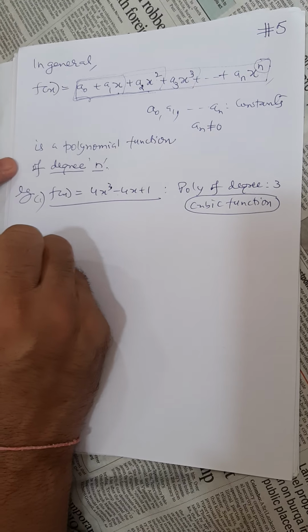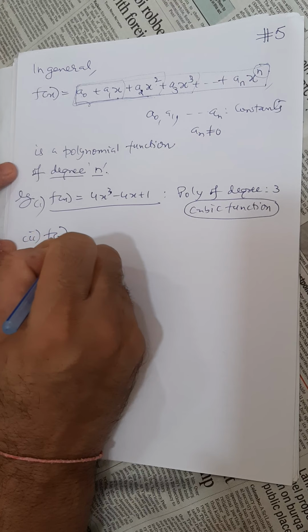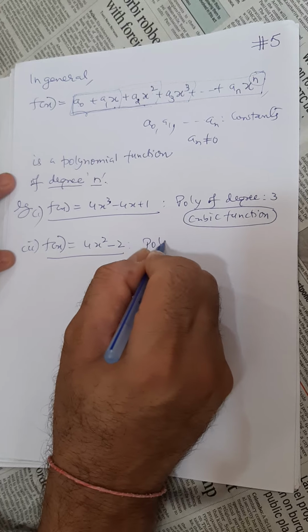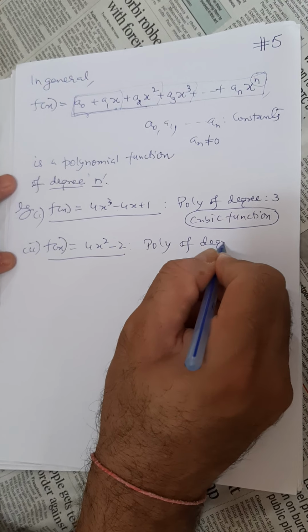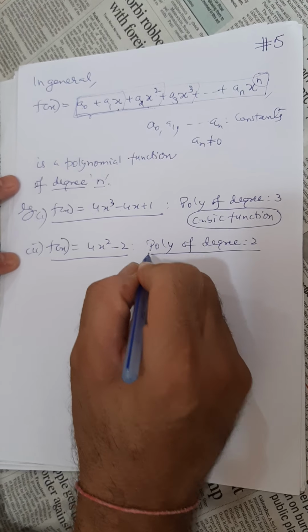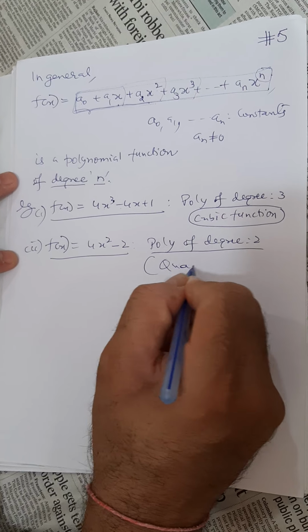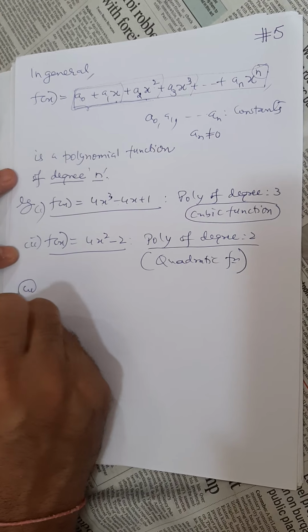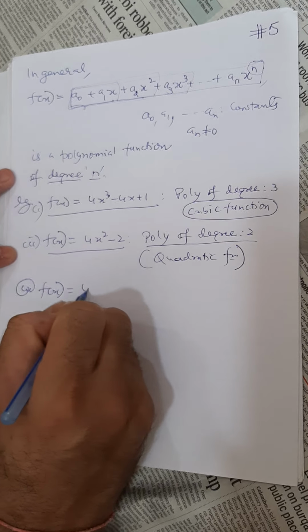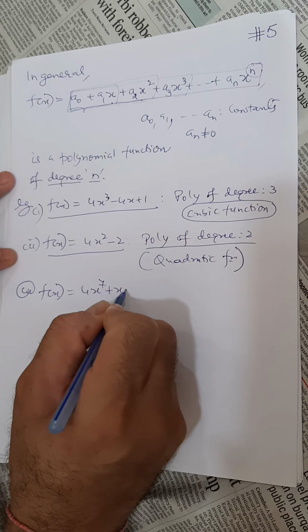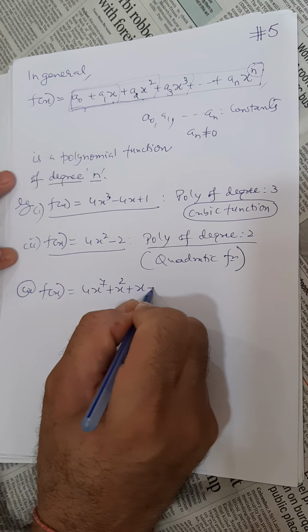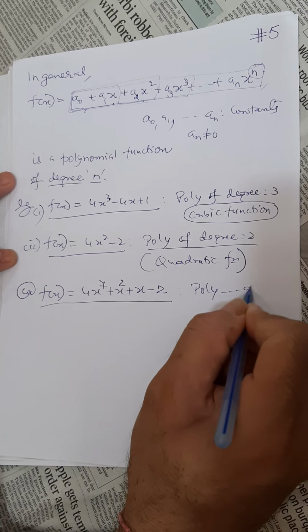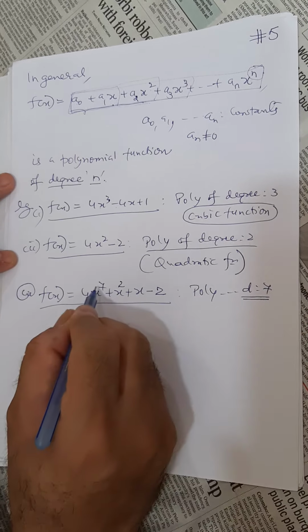If I write one more like this, f(x) equals 4x square minus 2, you know that this is a polynomial of degree 2. So this is our quadratic function, remember. If I write, for example, f(x) equals 4x^7 plus x squared plus x minus 2, this is a polynomial of degree 7 because the highest power is 7 here.